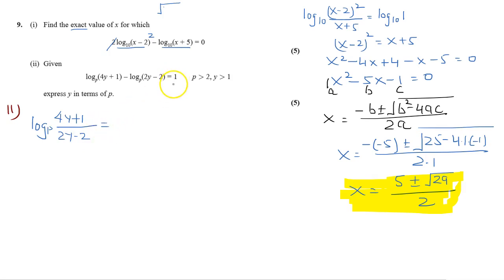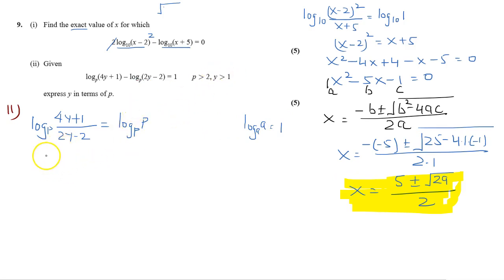So we have to write it in the same way. Log p base p is 1. For example, the rule is log a base a is 1. If the number and the base are the same, it is 1. It means a to the power 1 is a, p to the power 1 is p, the same way.